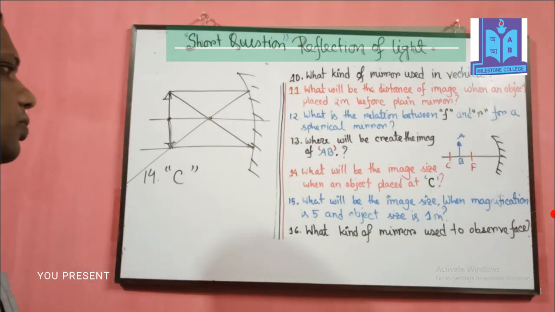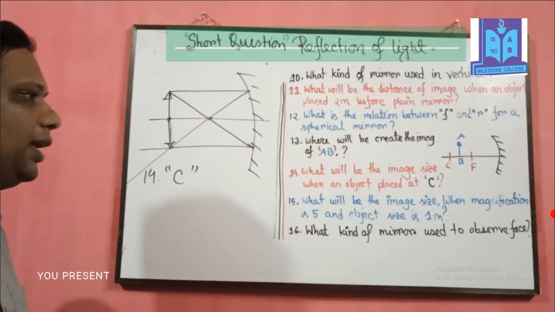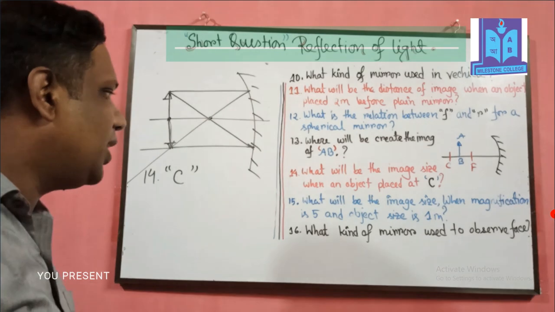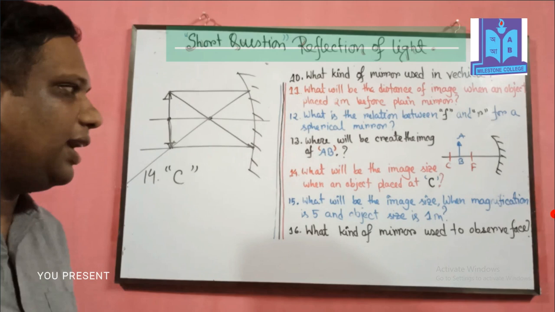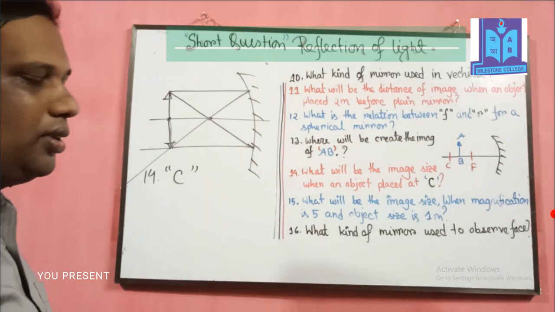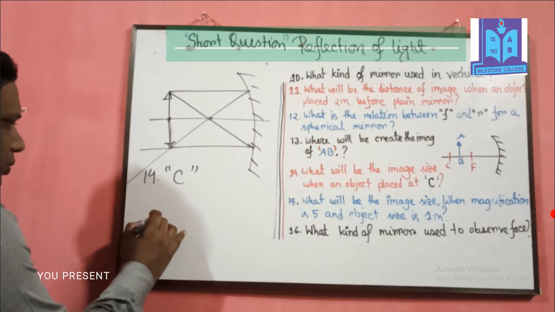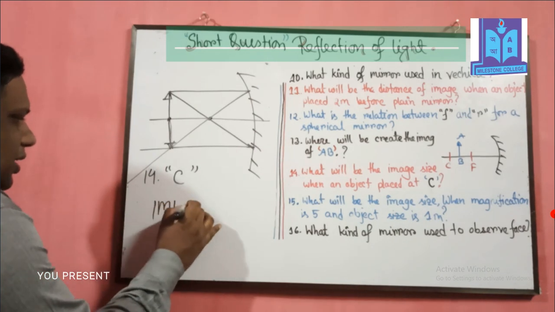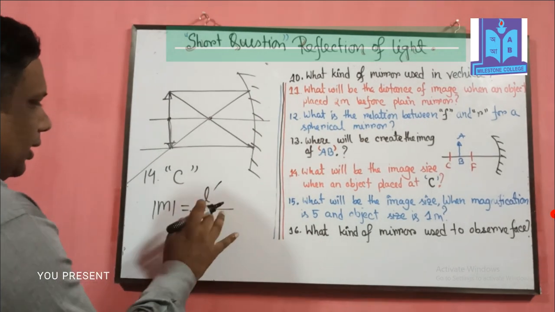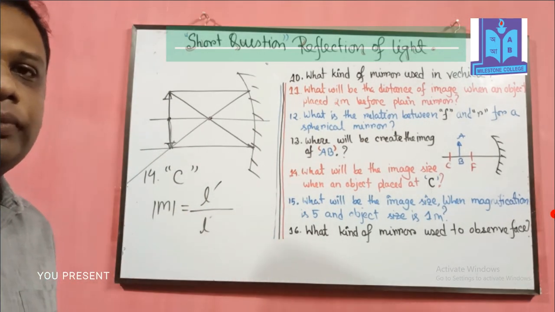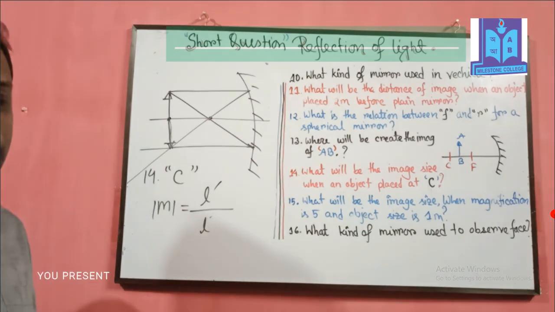Now my dear students, question number 15. What will be the image size when the magnification is 5 and object size is 1 meter? My dear students, we all know the formula M is equal to L prime by L, where L prime is the image size and L is the object size.